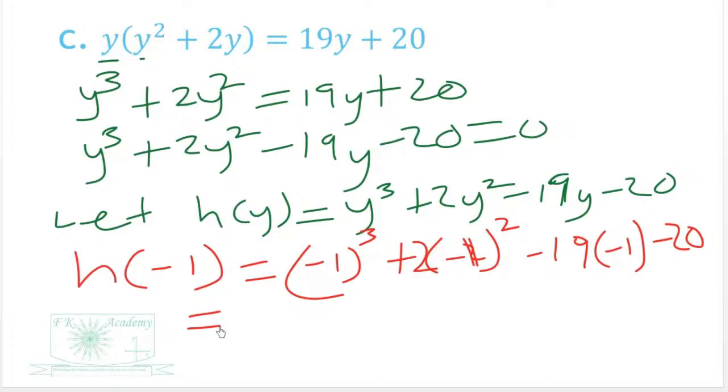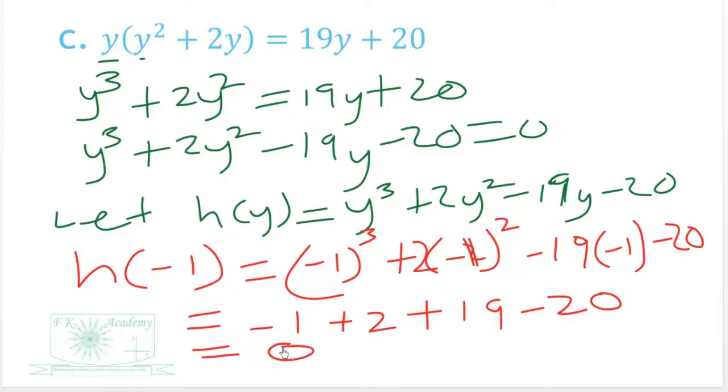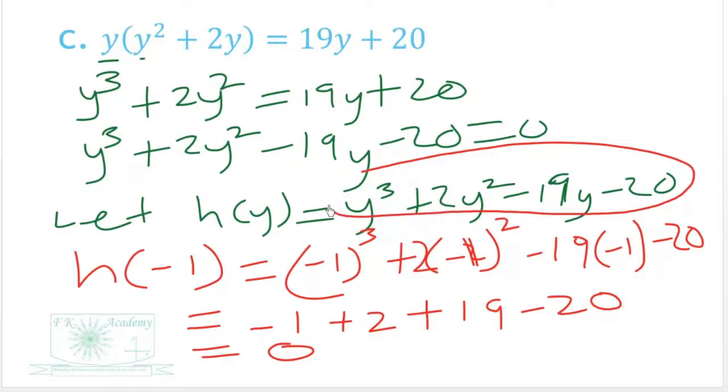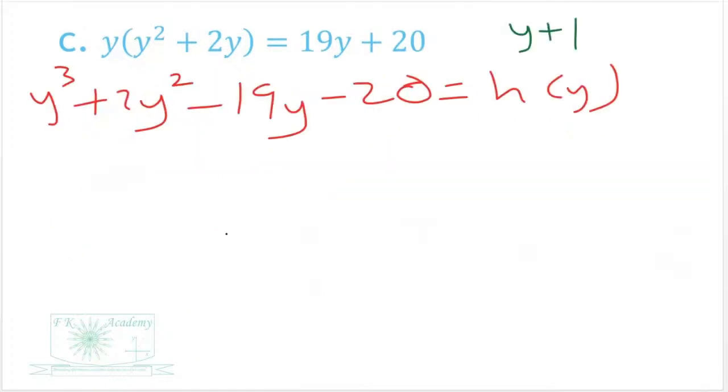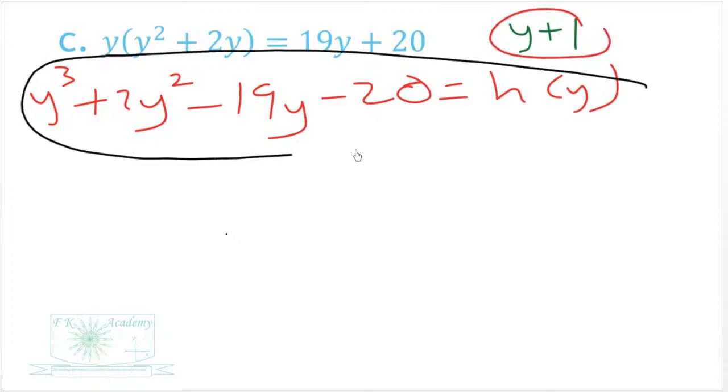So this will simplify to negative 1 plus 2, then we have positive 19 minus 20. 2 minus 1 will give us 1, plus 19 is 20. 20 minus 20 is 0. So it tells us that y plus 1 is a factor of this polynomial here.